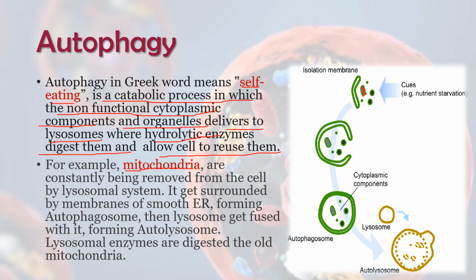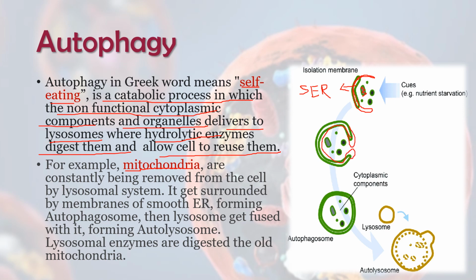So first it gets surrounded by the membrane of smooth endoplasmic reticulum. It is going to be surrounded in this fashion and form a vacuole-type structure.